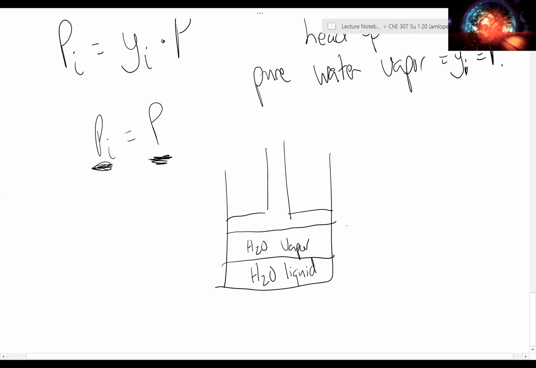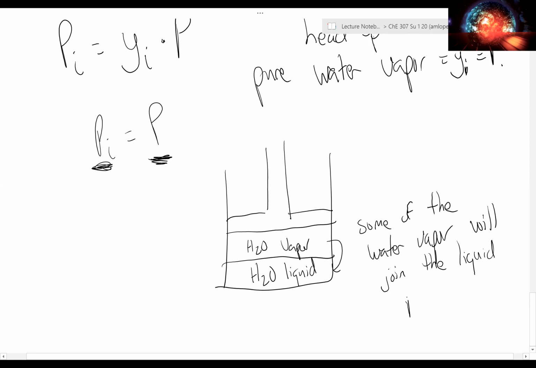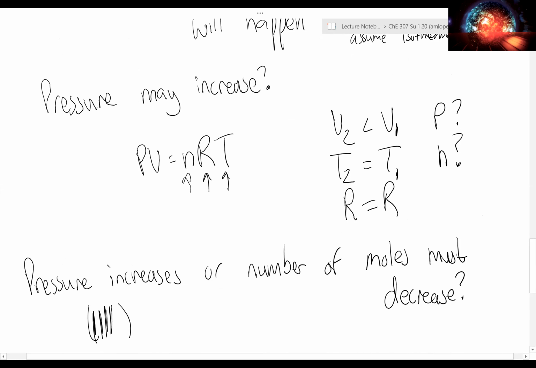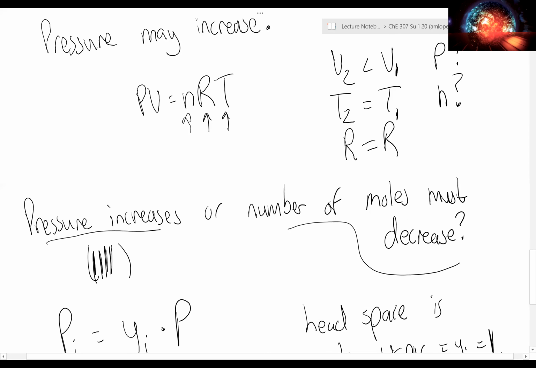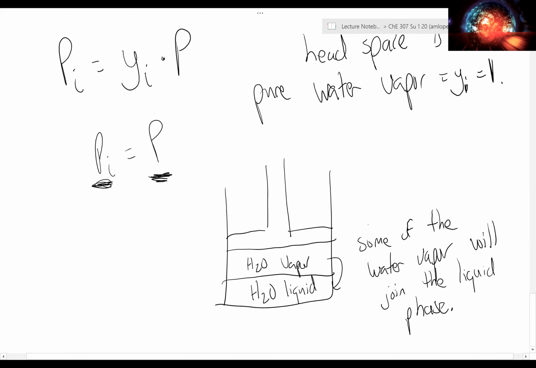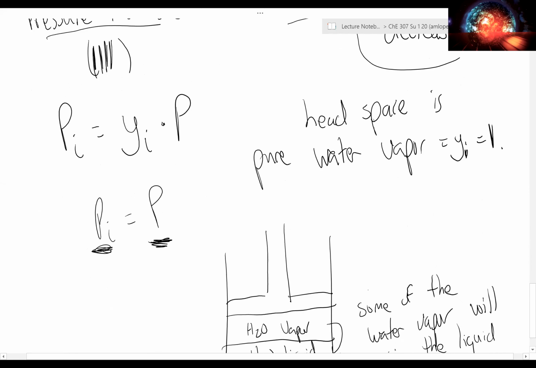In order to reobtain equilibrium, some of the water vapor will have to join the liquid phase. So this answer is tricky because in a lot of ways, both of these things are going to occur, because the number of moles or the amount of water vapor is going to decrease as that pressure increases to maintain equilibrium.